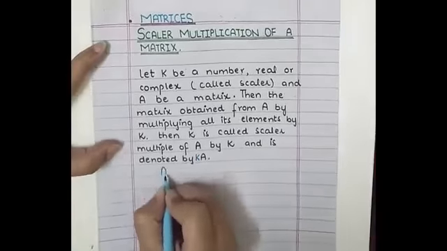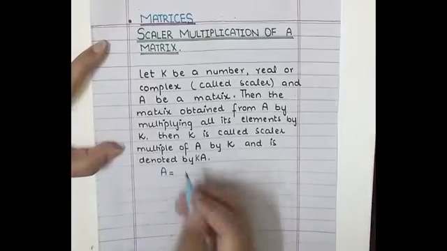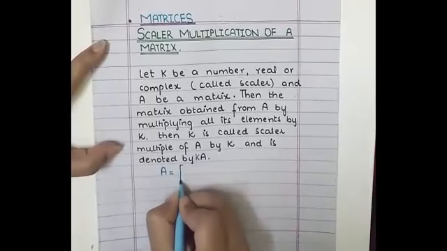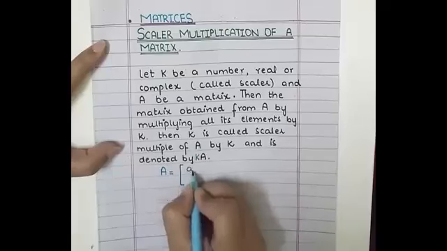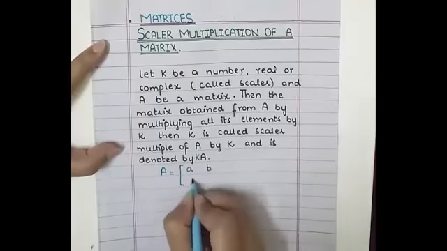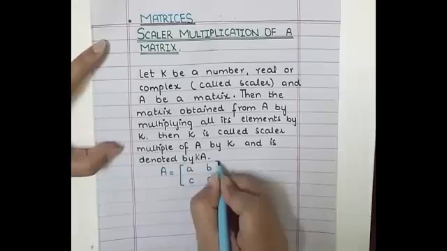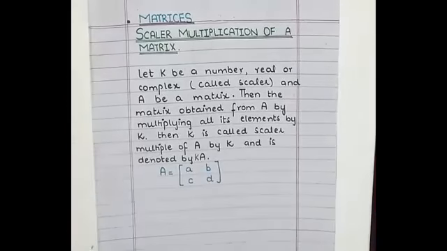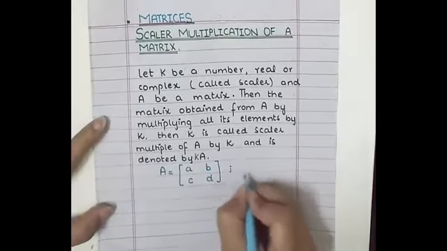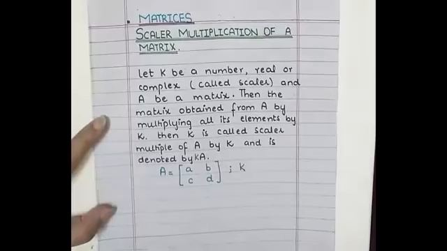Now what does it mean? Suppose we have a matrix A whose elements are a, b, c and d, and we have a scalar k.